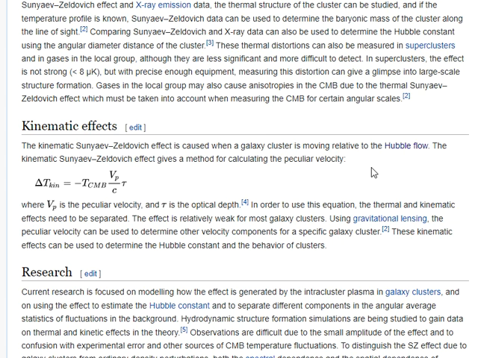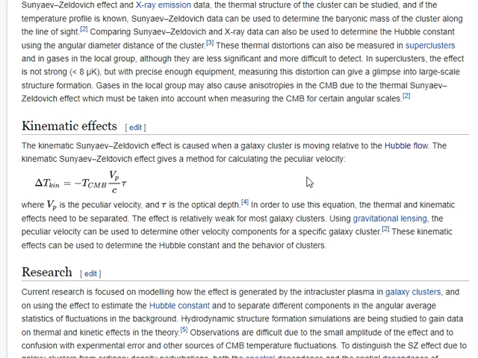How fascinating. Okay, so we are going to announce that these galaxies that display the kinematic Sunyaev-Zeldovich effect are outliers. They are not in the Hubble flow. So, wow, we're just going to go ahead and say it right out loud.